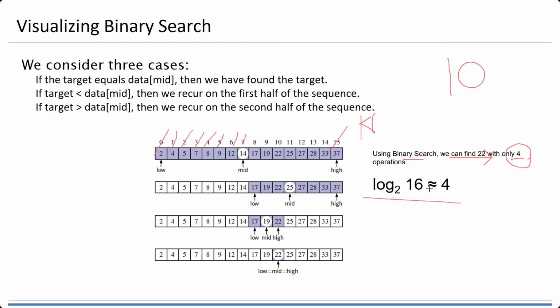With the 16 data and log base 2, there are several kinds of log, such as log base 2 and log base 10. Using log base 2, log 16 is approximately 4. And we can say that using binary search, this algorithm runs in log n.